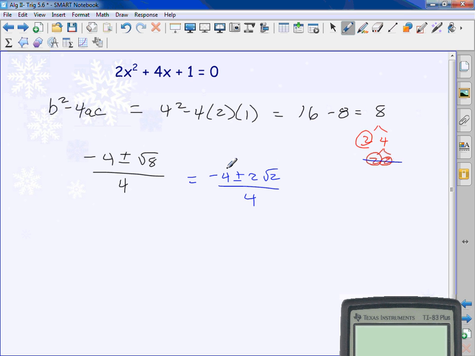To simplify, negative 4 over 4 is negative 1, plus or minus 1/2 square root of 2. But the better way to write it is the square root of 2 over 2, instead of writing 1/2. So it would be negative 1 plus square root of 2 over 2, and negative 1 minus square root of 2 over 2. Those are my two answers.